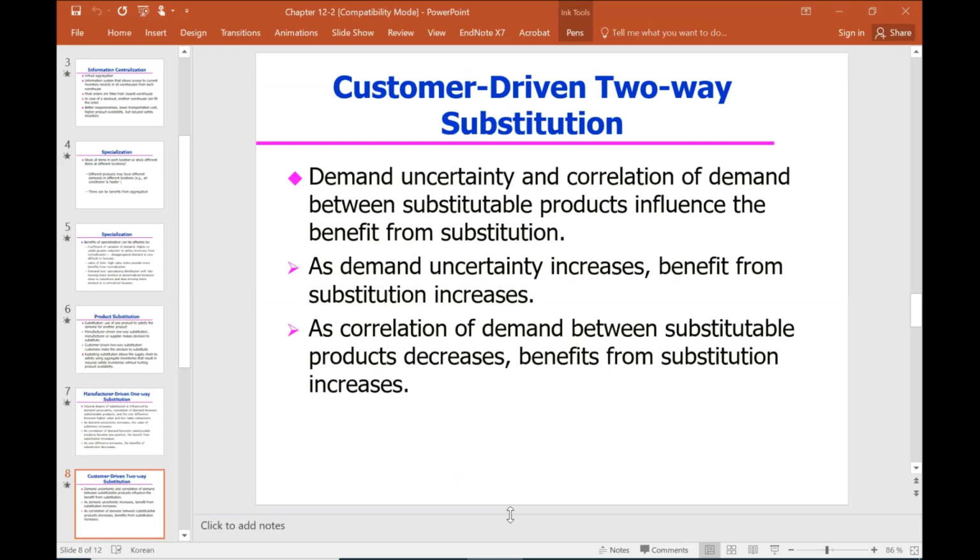And also the correlation of demand between the substitutable products matters. If the correlation of the demands is decreasing, becoming negative, the benefit of substitution is increasing. Why? Because as I explained before for the manufacturing-driven one-way substitution, if you have a negative correlation between the two products' demands, then you can easily substitute the product in any case.